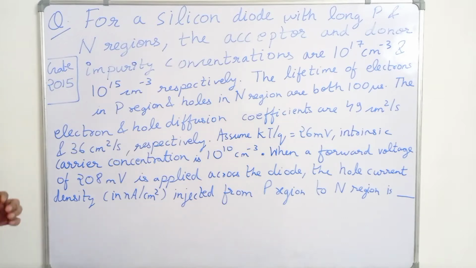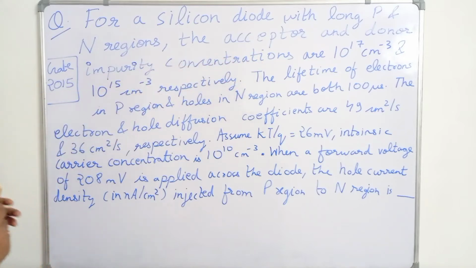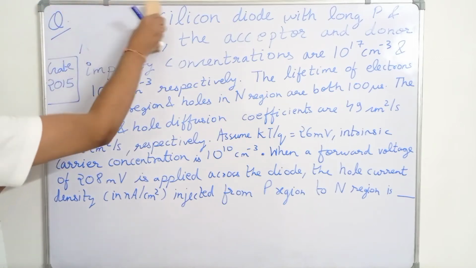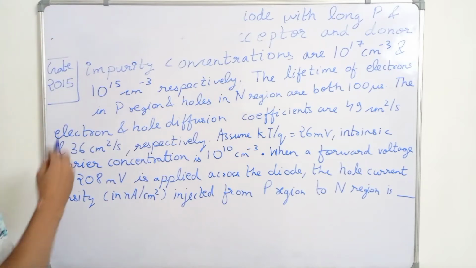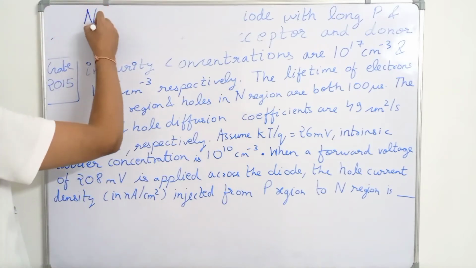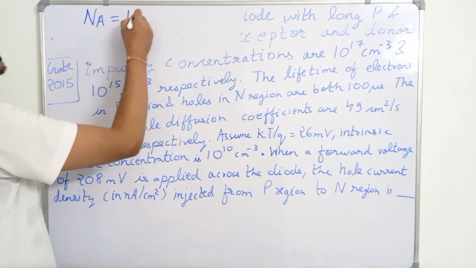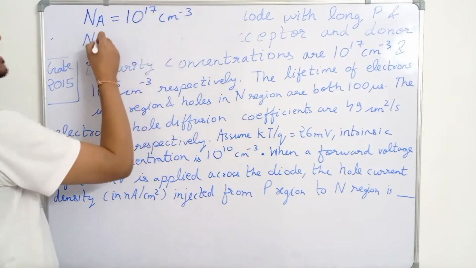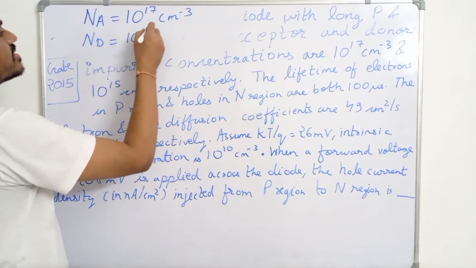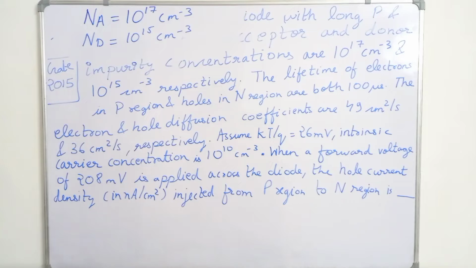Now what we are given is that acceptor and donor impurity concentrations are 10 to power 17 and 10 to power 15 per centimeter cube respectively. So let me write that. Na is equal to 10 to power 17 centimeter to the power minus 3 and Nd is given as 10 to power 15 centimeter to the power minus 3.